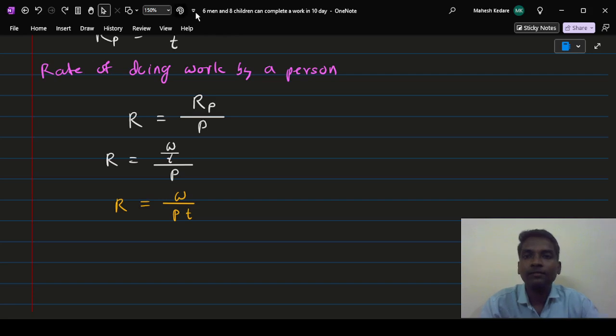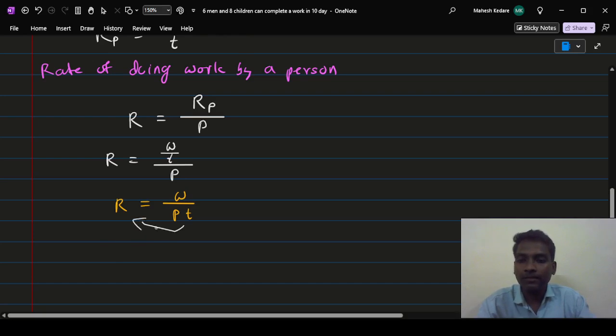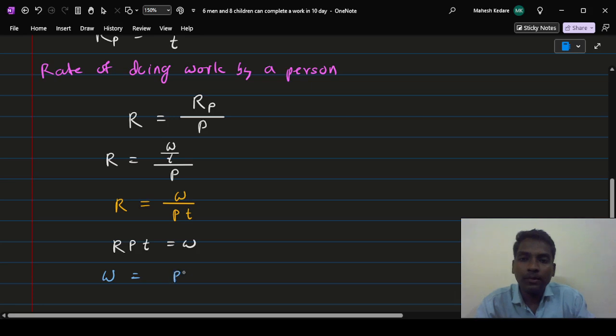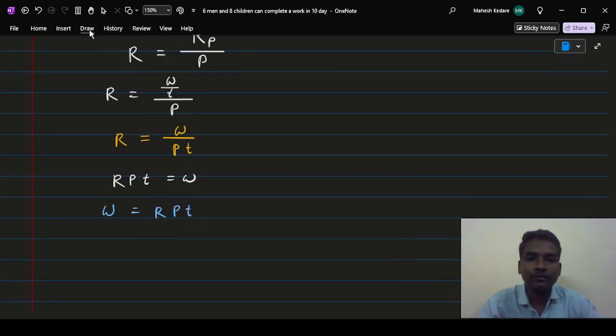That is, we transfer Pt to the left hand side and get R P t equal to W. So this equation gives us the work W done by P people in time t at a rate of R. And this is the central equation in the solution of this problem. The amount of work done W by P people in time t at the rate R.